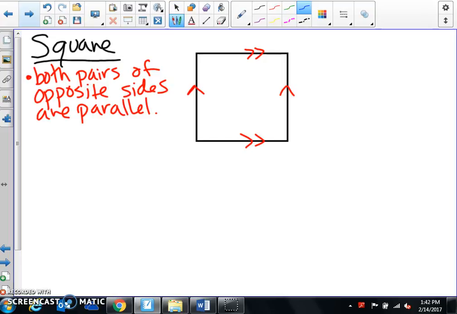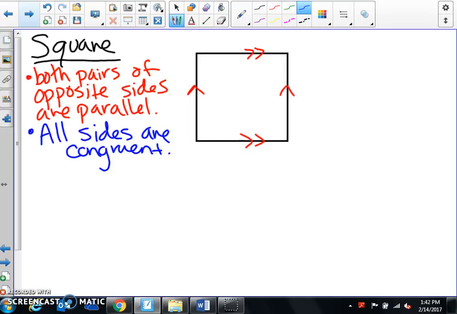The next thing we know about a square, and this is hopefully an easy one, all sides are congruent. Remember, congruent is just a fancy way of saying equal. So we would just say, okay, this side is congruent to that side, which is congruent to that side, which is congruent to that side.